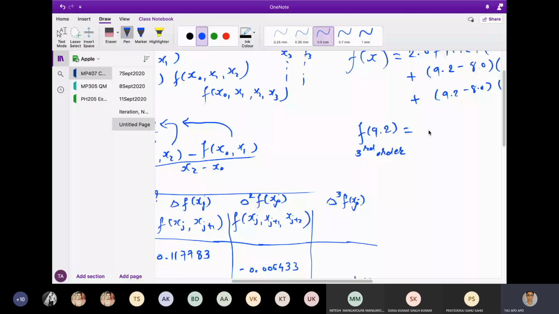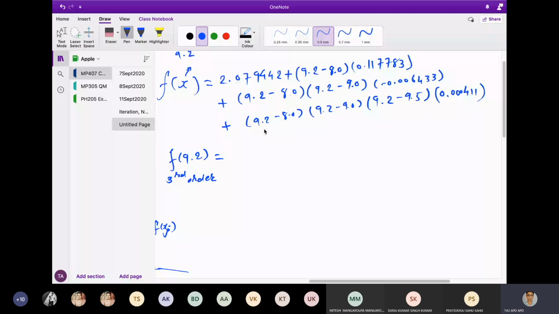So according to this calculation, अच्छा आप लोग बताइए, what answer you are getting for this, and then we will see the error also.